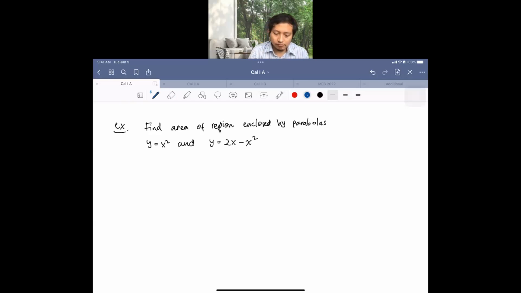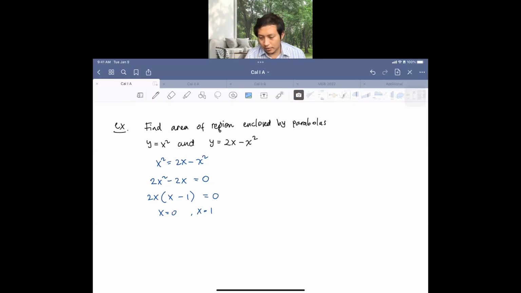Now we can start to imagine that we have some intersections for these two parabolas. We can say that we have intersections at x equal 0 and at x equal 1.